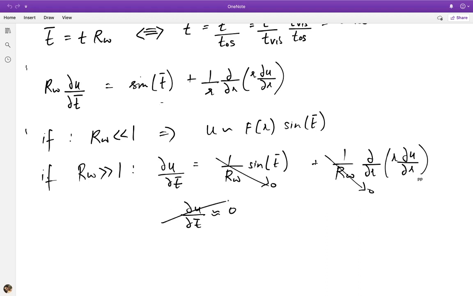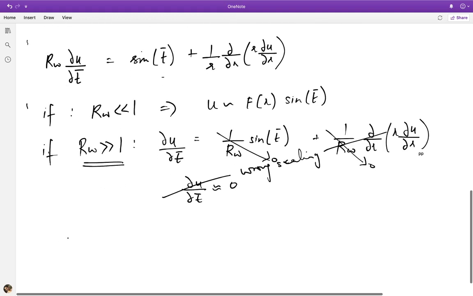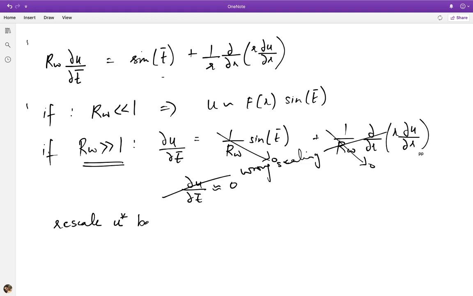So this is a wrong scaling, or we have violated our original scaling. So this scaling really doesn't work in this limit. Instead, what we need to do is rescale u star by balancing inertia and the pressure gradient.